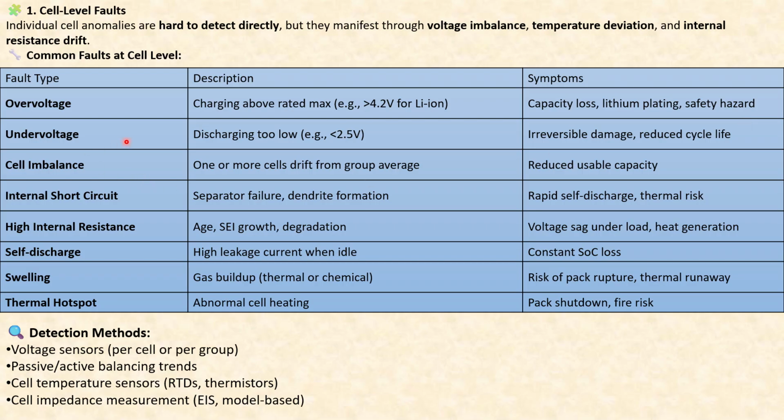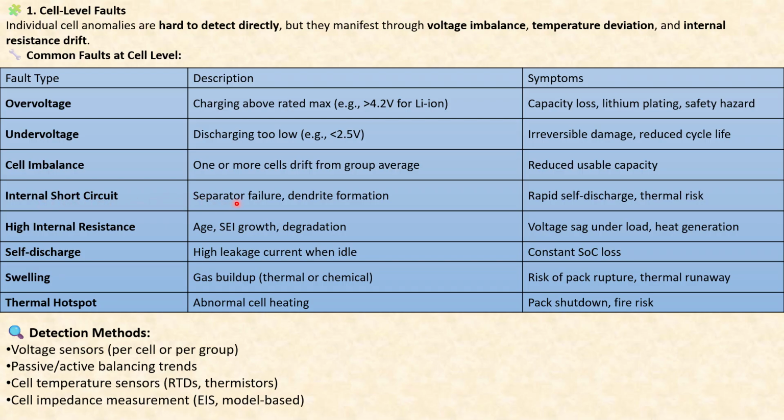Next is under voltage, discharging too low, for example less than 2.5 volts. And what are the symptoms? Irreversible damage and reduced cycle life. Now coming to cell imbalance, where one or more cells drift from the group average, giving reduced usable capacity. And then the fault type, internal short circuit.